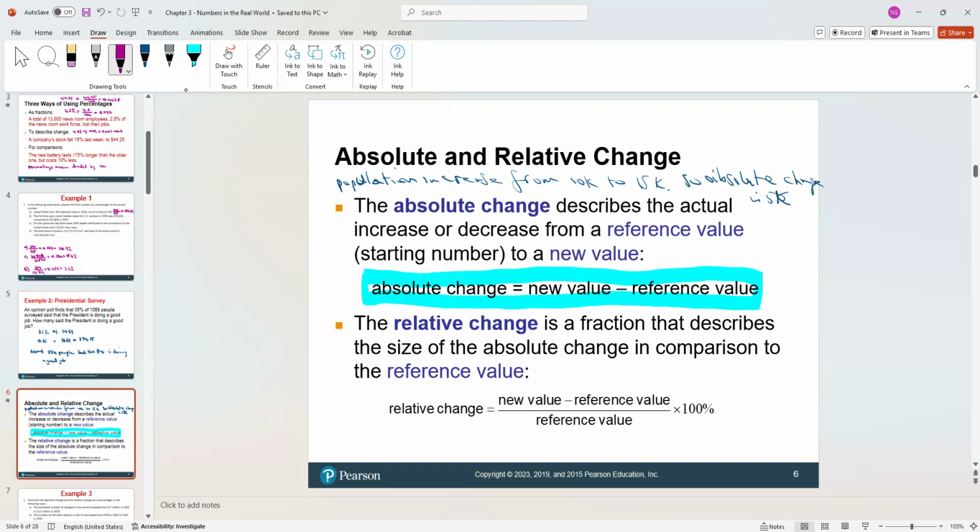The relative change is the size of the absolute change in comparison to the reference value. Relative change equals absolute change over reference value.